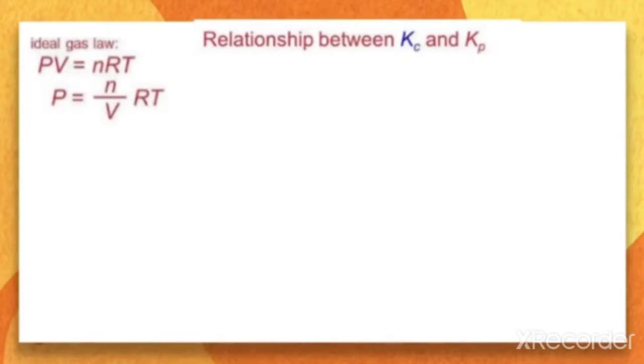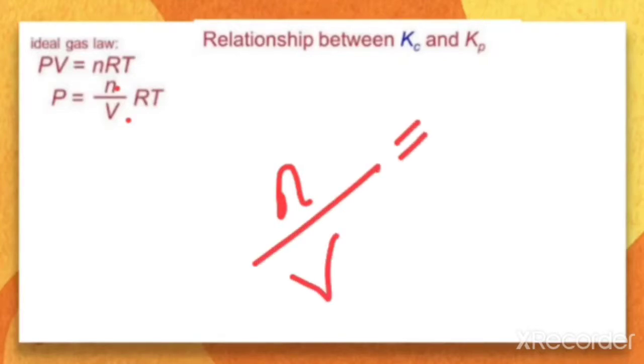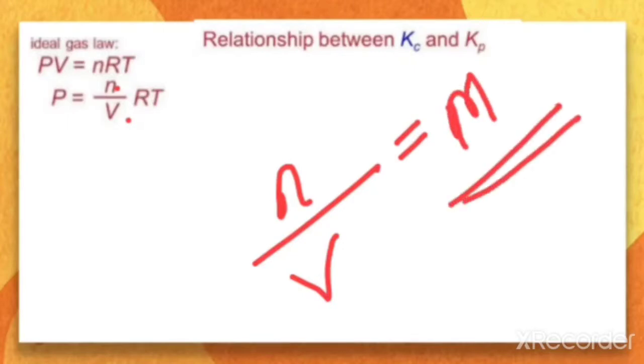Here n by V, where n is the number of moles and V is the volume, is nothing but molarity, as we have learned. And what is molarity?